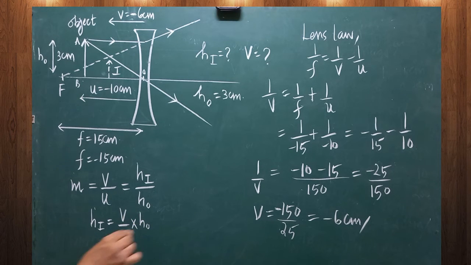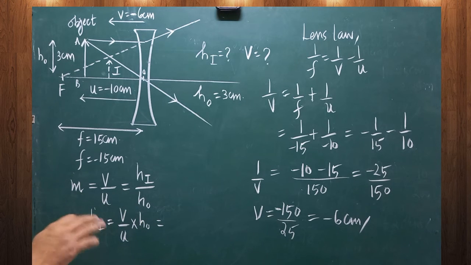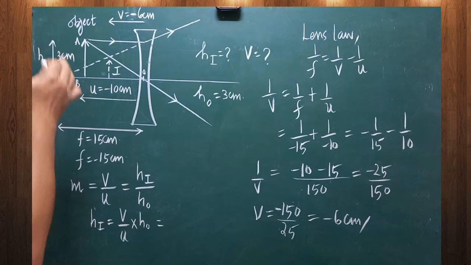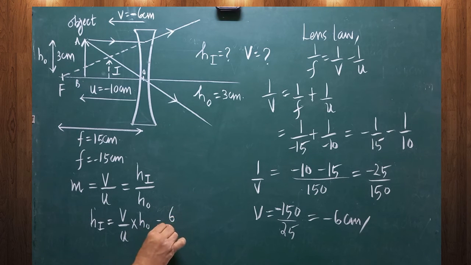Substitute all the required values. While substituting here, don't put the signs. Negative sign is not required. What is the value of v? 6 divided by u value, which is 10, into height of the object, 3 centimeter. So write 3 centimeters.